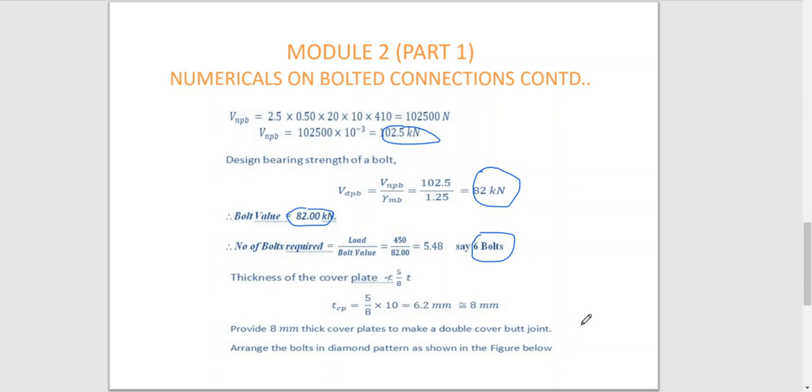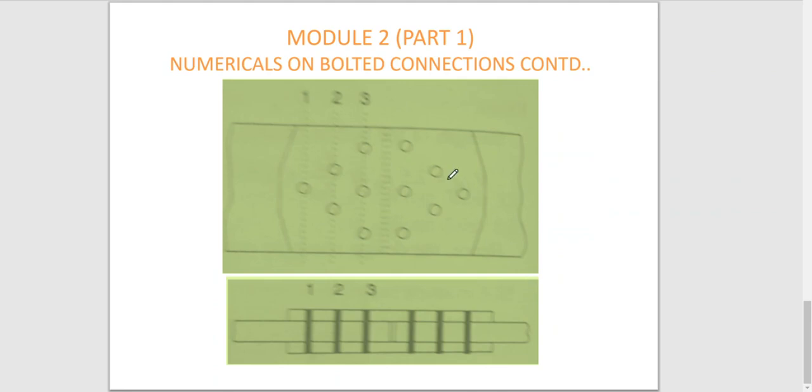The detailing or diagram will be like this. You can see here 1, 2, 3, 4, 5 and 6 bolts, one bolt here, one bolt here, one here.